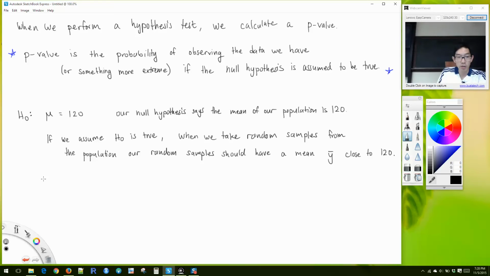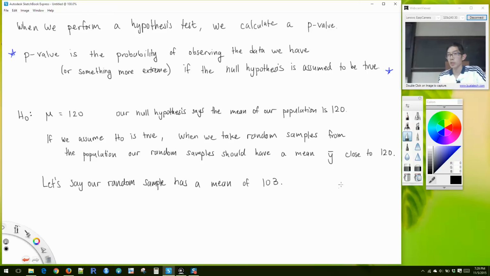So let's say our random sample has a mean of 103. Okay. And so we want to say, well, random sampling will produce sample means that are not exactly the same as the population mean.